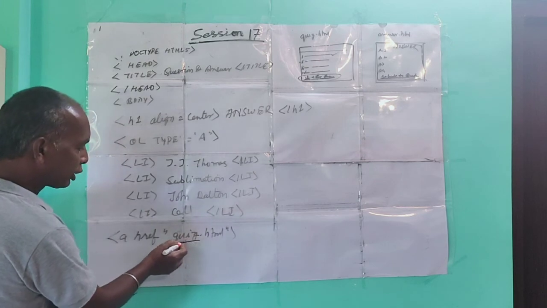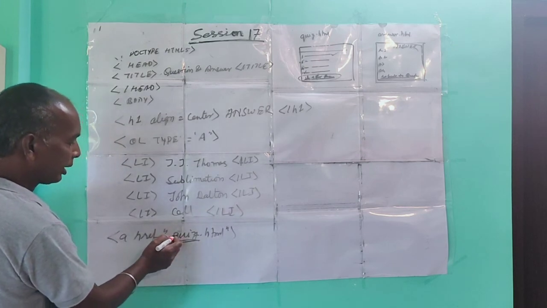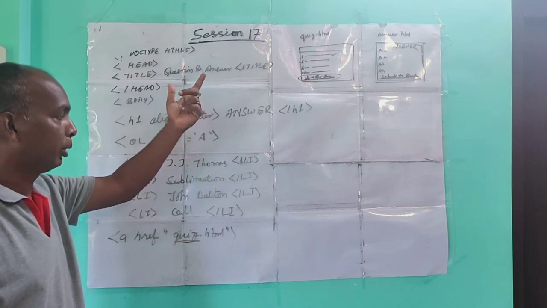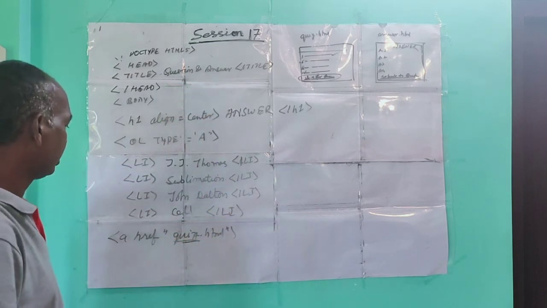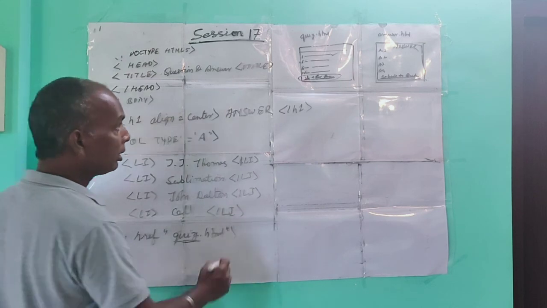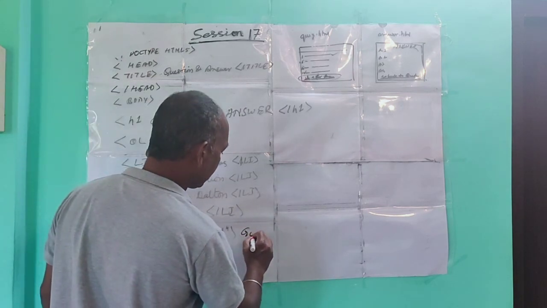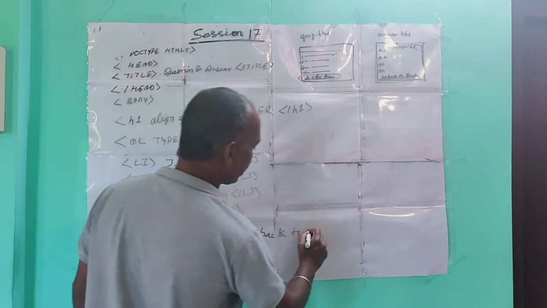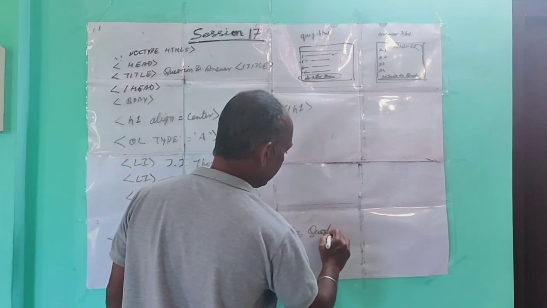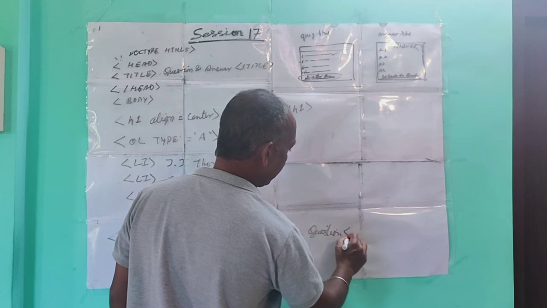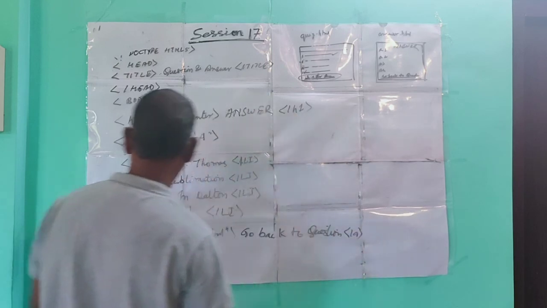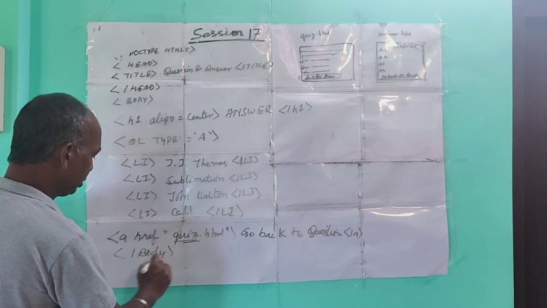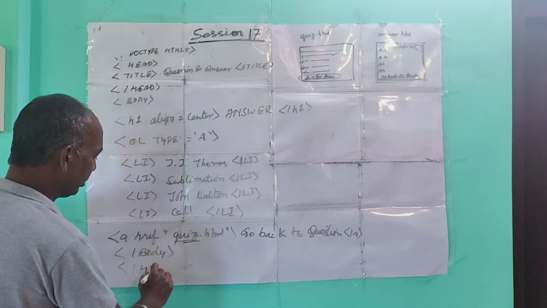See, I'm using small letters, quiz in small letters. If you use capital letters, then the questions web page will not appear. So A href quiz.html. Here you write the text: Go back to question. Then close anchor, then close body, then close HTML.